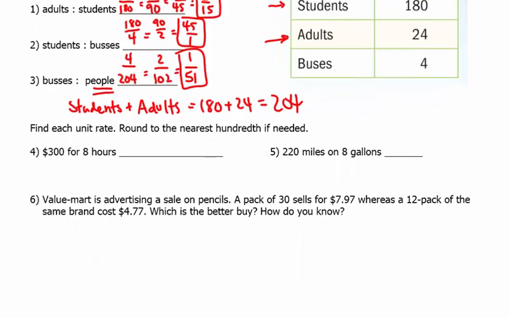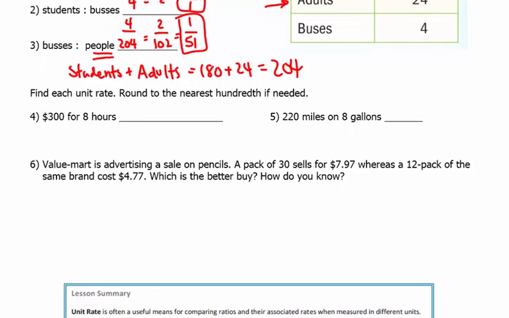Find each unit rate and round to the nearest hundredth if possible. So $300 for 8 hours. So 300 divided by 8 is $37.50 per hour, or for 1 hour.